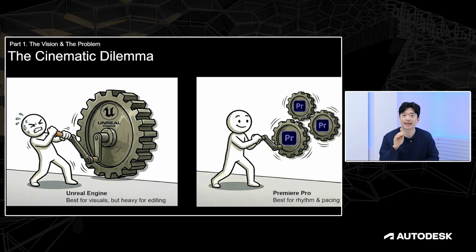We moved the edit to an external editing tool, Premiere Pro, and suddenly editing becomes much easier. We could edit faster, test different rhythm and pacing, and even work with music and sound much more comfortably. It felt like a perfect solution.